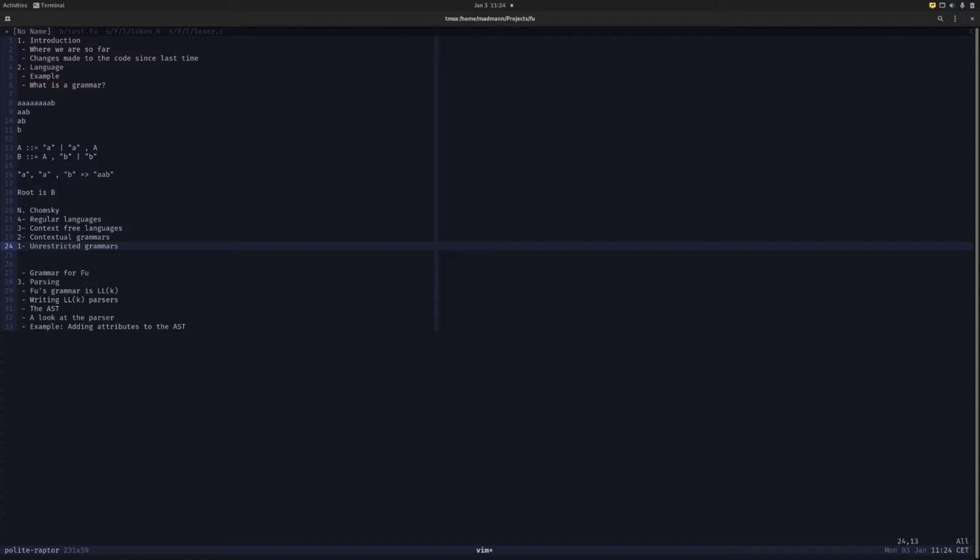And that's really problematic, because it means that you may just not be able to answer the question, in the sense that you would have to wait forever for your program to terminate, and you don't know if that means that it takes a long time to answer the question, or if it means that the thing is just not in the language. So undecidability is really a problem here. So you want to be in the realm of context-free languages, because otherwise you're going to have problems. It's still possible to parse contextual grammars, but it's annoying, and I recommend not doing that, because, like I said, it's annoying.